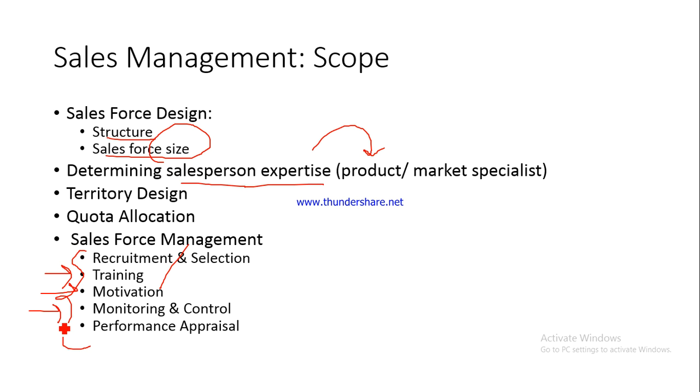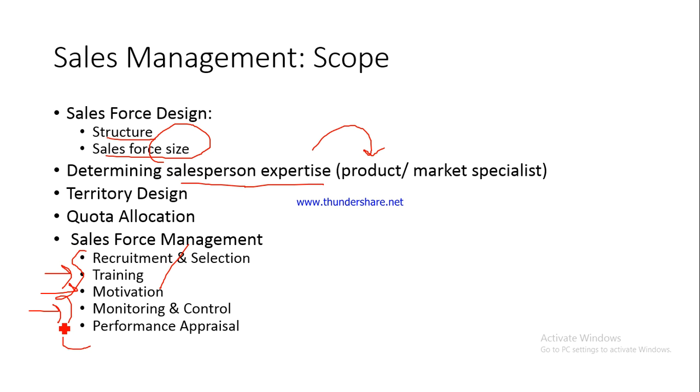And then performance appraisal. On what basis do you appraise the performance of your sales force? For example, let's talk about one particular salesperson who has been able to get you quite a significant chunk of sales. He has sold quite a number of items, but he has not been able to retain the existing customers.